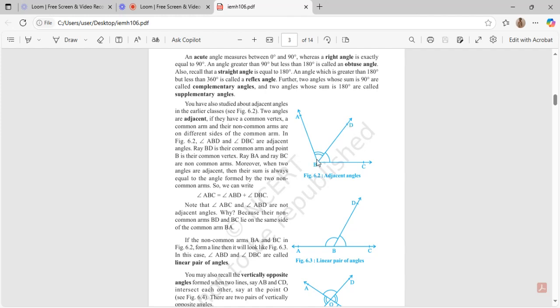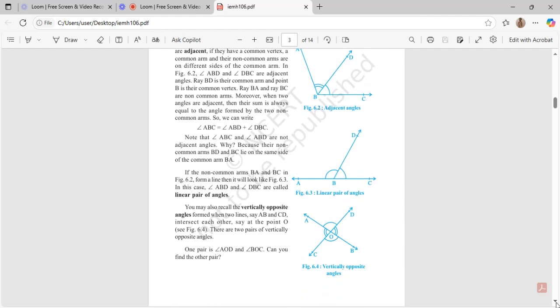So those are two adjacent angles together. And there is a particular type of adjacent angle. When you combine two angles together and that makes a straight line, we call them by a particular name. That pair of angles is called a linear pair of angles.